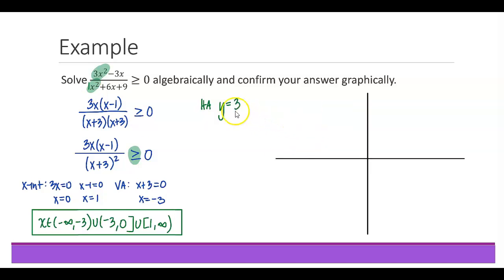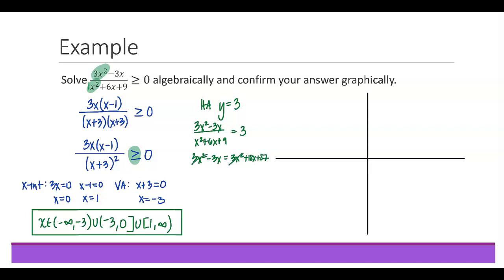And then because we have a non-zero horizontal asymptote, we want to see if we ever intersect the horizontal asymptote. So we set our function equal to the horizontal asymptote: 3x squared minus 3x over x squared plus 6x plus 9. Does this equal 3? So if I multiply by x squared plus 6x plus 9, we get 3x squared minus 3x equals 3x squared plus 18x plus 27.